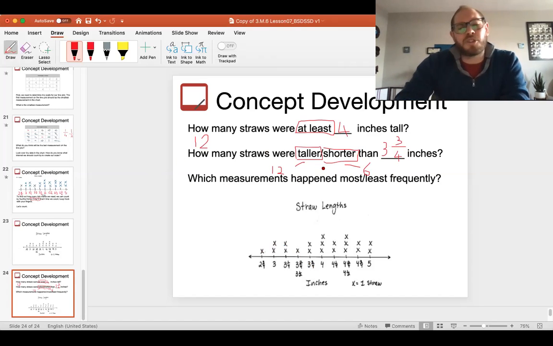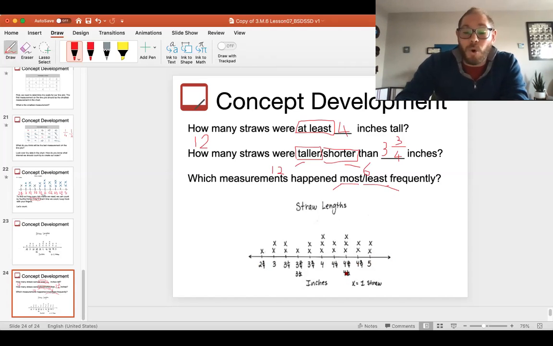Next, which measurements happen the most and the least frequently? So I'm going to have to say which ones were the most frequent and which ones were the least frequent. So let's look. Most means which measurements at the bottom had the most X's.